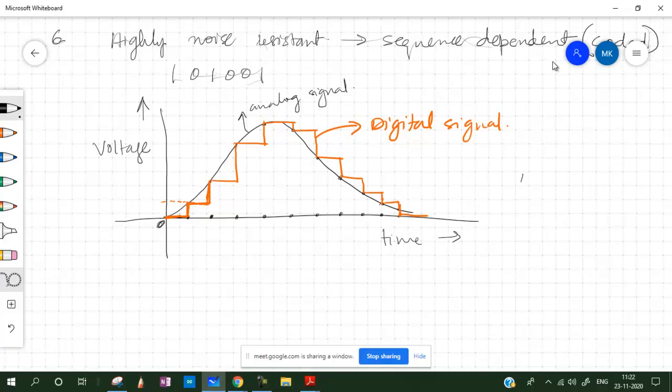So if the sampling frequency is 1 kilohertz, you can increase it to 10 kilohertz, which means you have divided the timing into 10 more parts, so you can have more values. You can increase to 100 kilohertz, or maybe go even higher. So how much you can increase, that's the question.